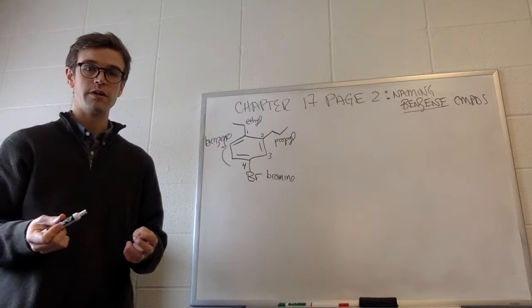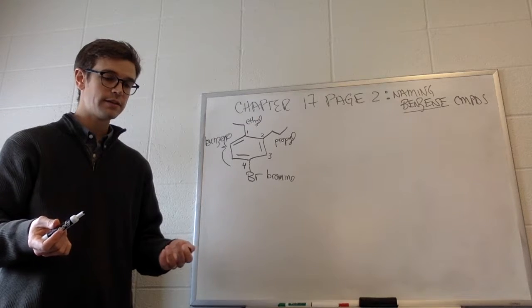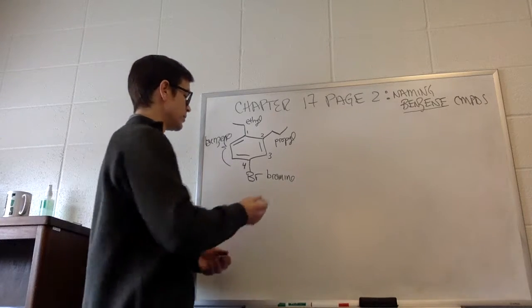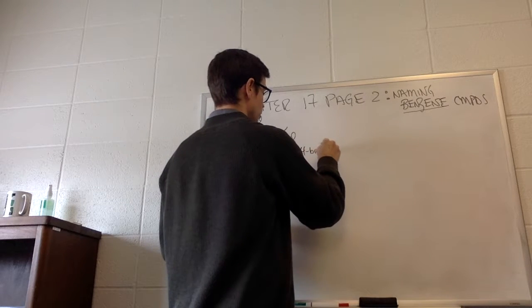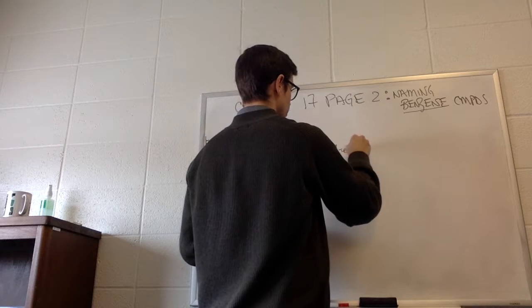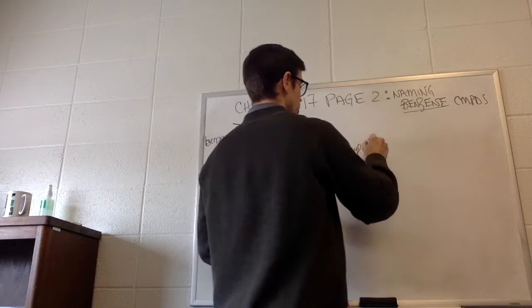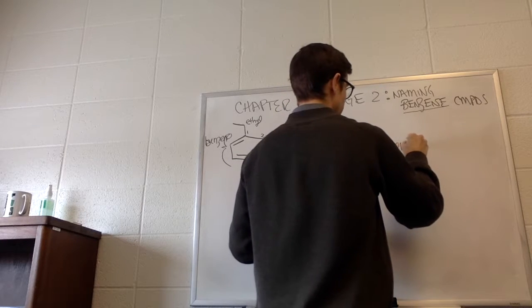So we are going to have those be the prefix, and we're going to alphabetize them. Bromine is first alphabetically, so this would be 4-bromo-1-ethyl-2-propylbenzene.